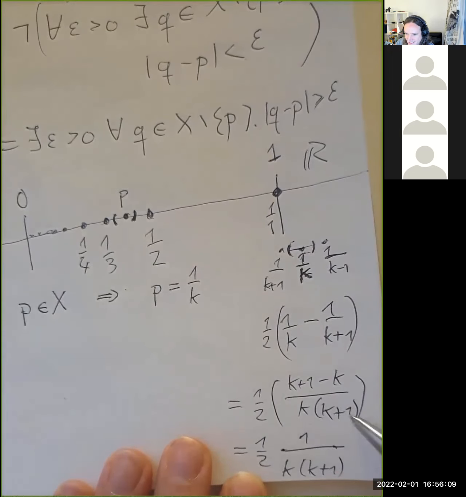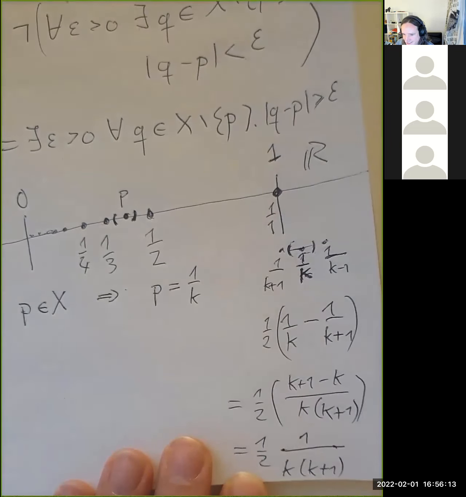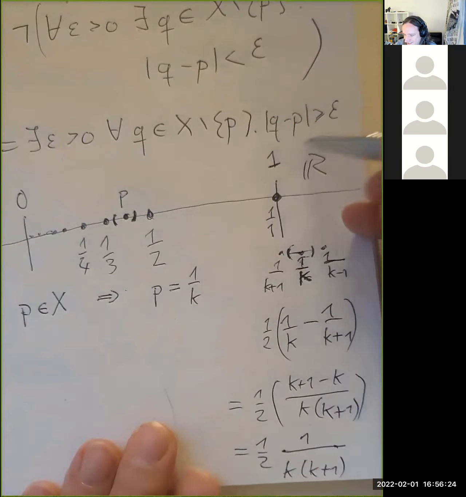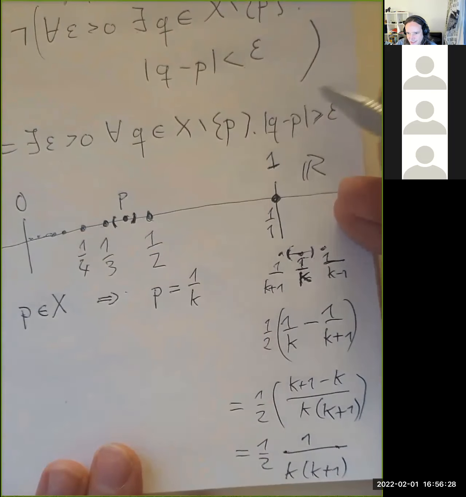So this minimizes differences from 1 over k to other numbers in X. And then we know this is a good epsilon if we halve it, because then we are below the difference to any other point in X, which is exactly what this expression here asks us to find.